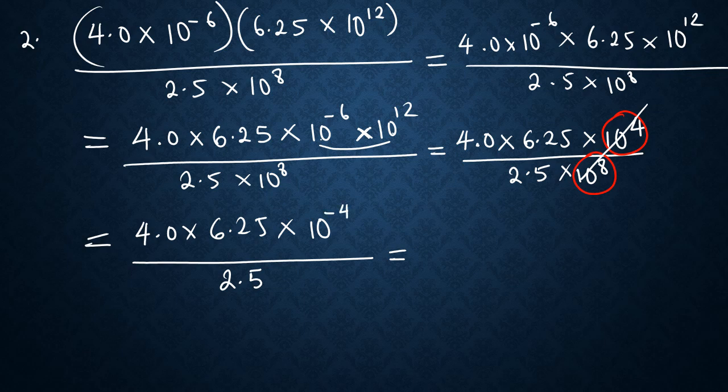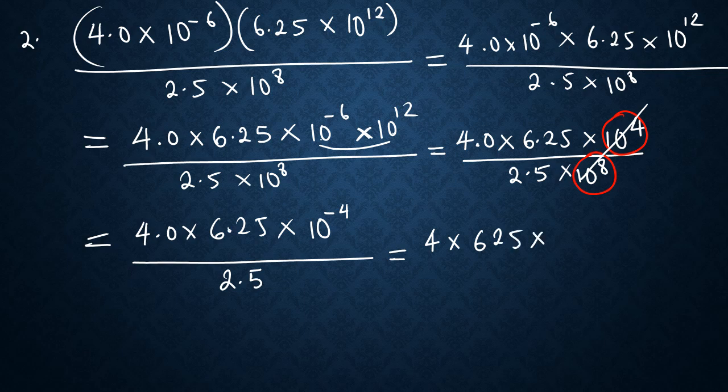Which means what I can do next is get some exponents of 10 from that. What I can do here is move 4.0 to 4 and multiply that with 6.25, which is like 625, but times 10 to the negative 2.